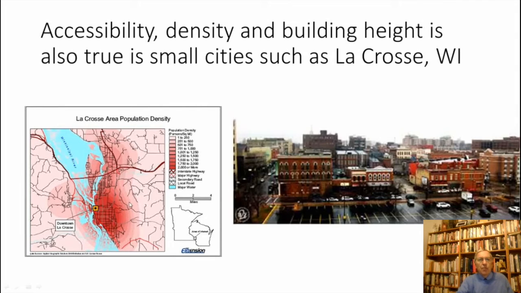Here's a map of population density. Here is the downtown with this square indicating it. That's what the downtown looks like. And you see that's how cities develop. They're centers of density. And that higher density near the downtown is where you have your taller buildings, because you have to pay for that land.